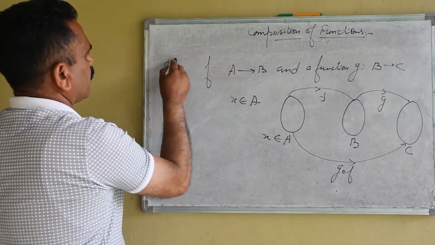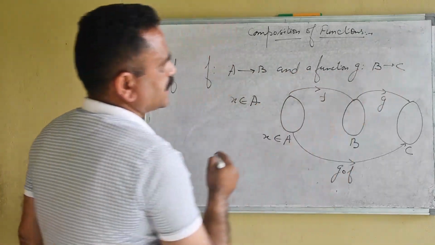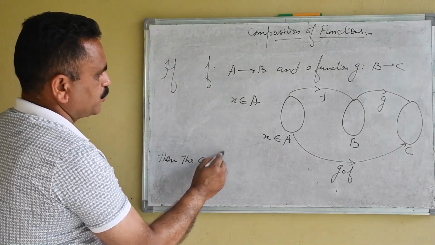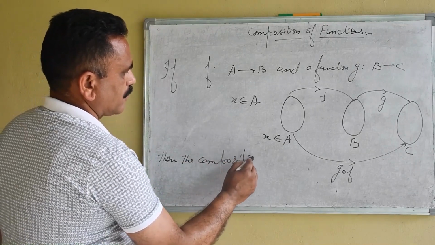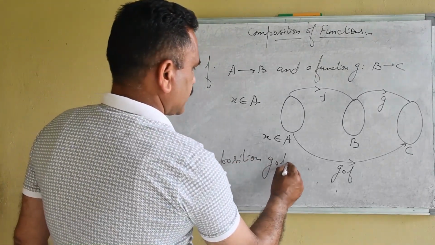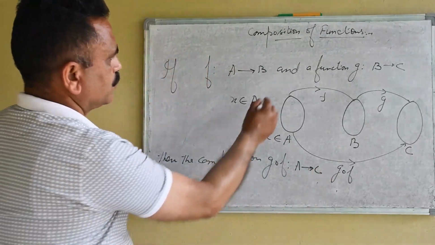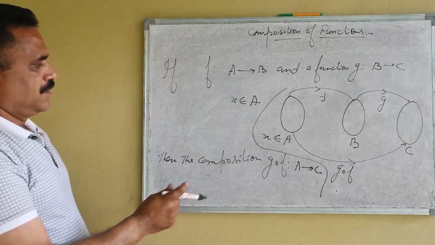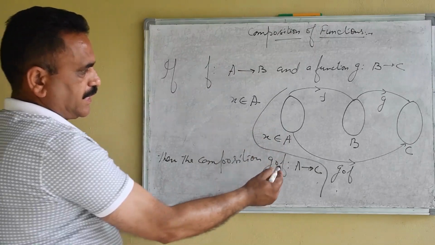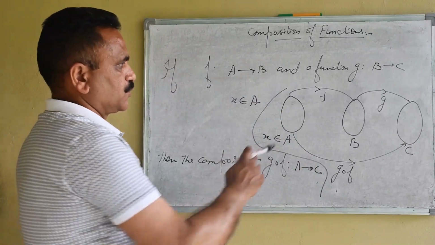If f such that A to B and a function g such that B to C, then the composition g of f such that A to C means the composition of these two functions, g of f, is going to connect the elements of A to elements of C. So this is in two steps.